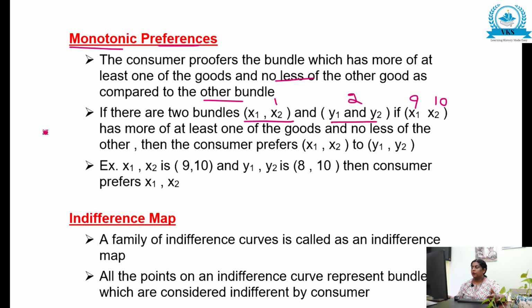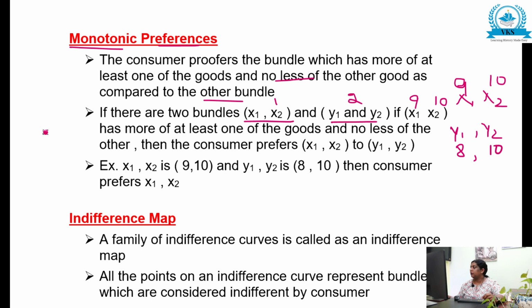For example, x1 and x2 is 9 bananas and 10 mangoes, and y1 and y2 is 8 bananas and 10 mangoes.